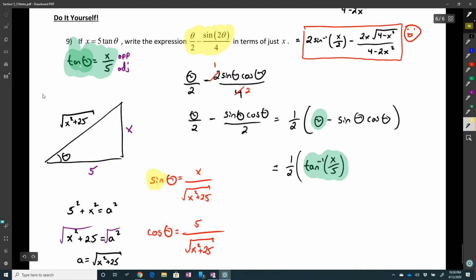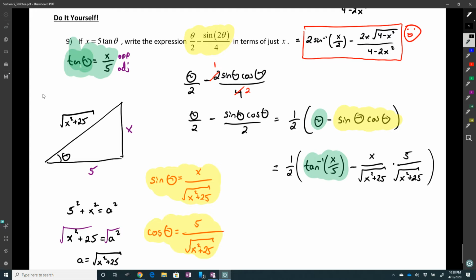Now the other one, these two: minus sine theta, x over the square root of x squared plus 25, times cosine theta, 5 over the square root of x squared plus 25.